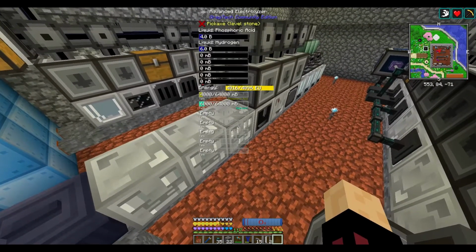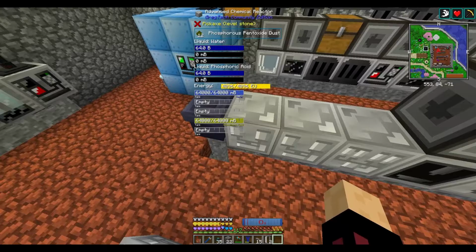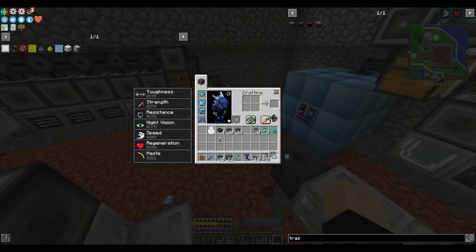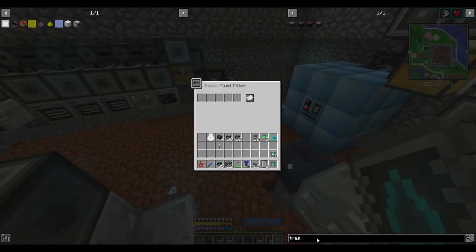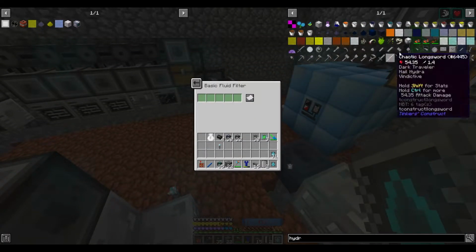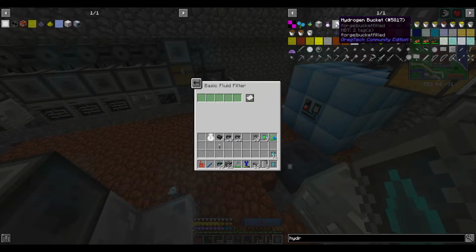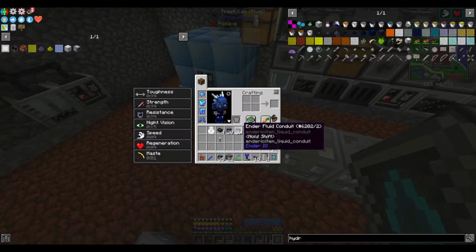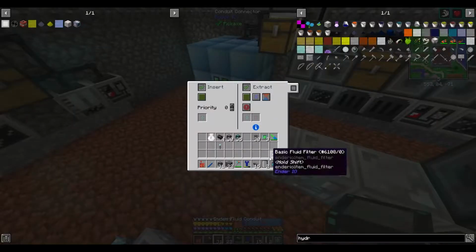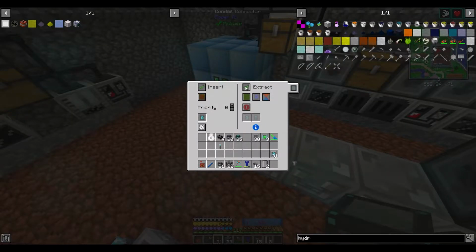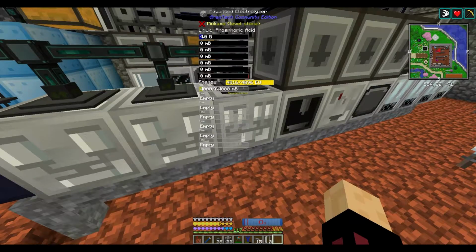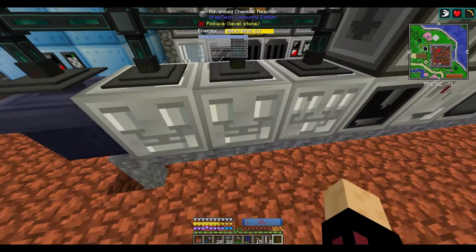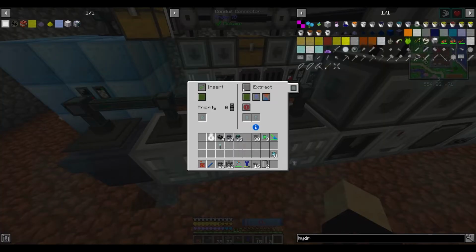So say for example, this is producing hydrogen. Actually, that's the only one we need to care about. So let's do these. Say hydrogen. That got rid of that. Perfect. And I think you need to be totally disconnected.